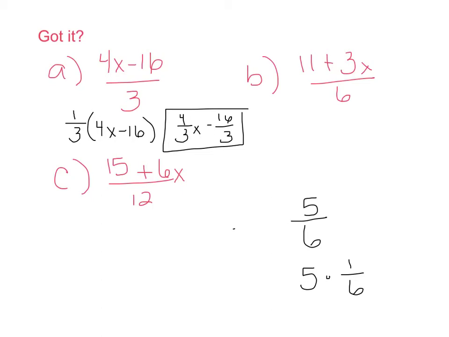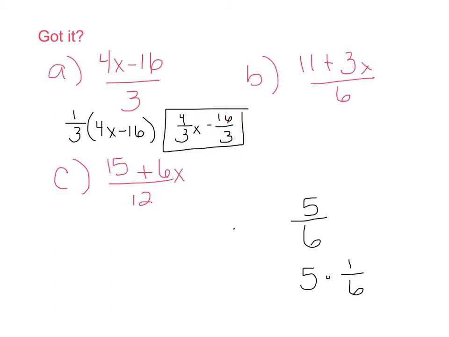So let's look at this. All you have to do is we are taking this and rewriting it as an addition or subtraction problem. I took this and rewrote it as a subtraction problem. Look at what I have here though. We can do a shortcut. 4x divided by 3, which is just 4/3 x, minus 16 divided by 3, minus 16/3.